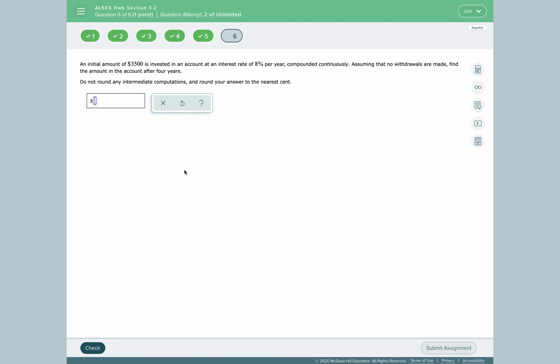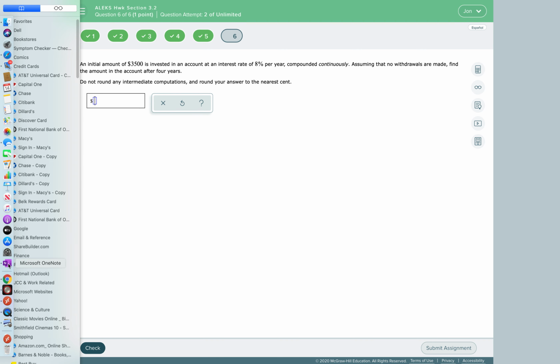Okay, for what we have in number 6, an initial amount of $3,500 is invested in an account at an interest rate of 8% per year, compounded continuously. Assuming that no withdrawals are made, find the amount in the account after 4 years. It says do not round any intermediate computations and round your answer to the nearest cent.